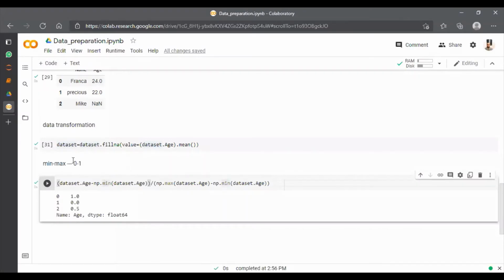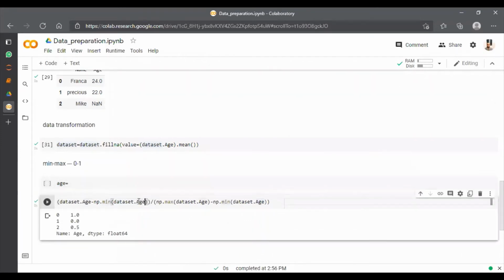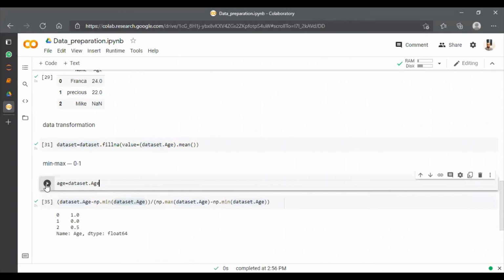So that is what is done here. Let's say that we have our age attributes like this. Age equal to data set.age. I want to make it simpler for you so it's understandable. So we have data set.age like this.